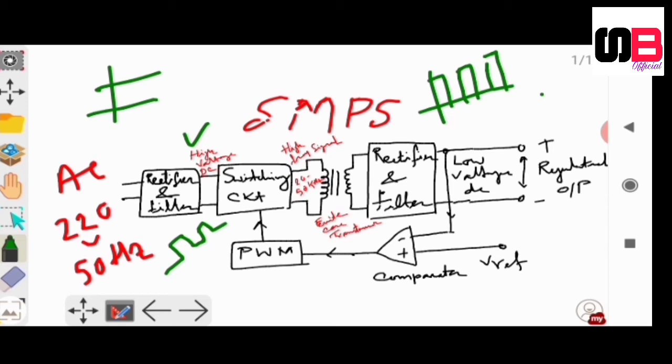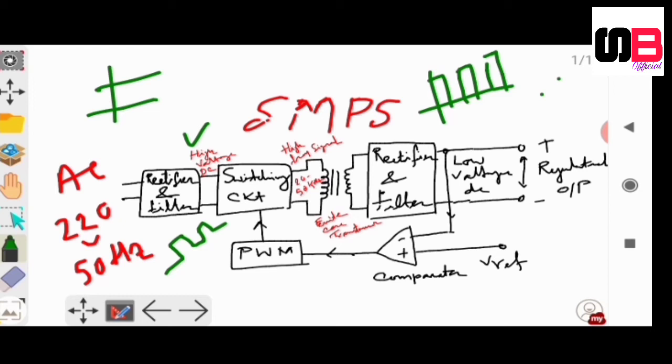But from this output we take a part of the output as feedback, and it is given to the comparator. The comparator compares this feedback signal with a reference voltage and produces an error voltage.